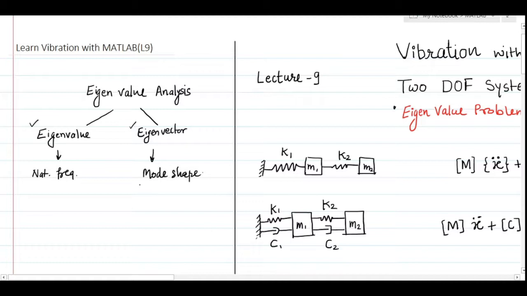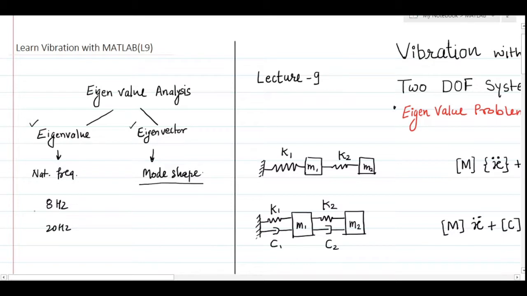What is this mode shape? Mode shape is nothing but the pattern of vibration corresponding to a given natural frequency. For example, we are talking about a 2 degree of freedom system, and let's say the natural frequencies of this 2 degree of freedom system are one 8 hertz, another one 20 hertz. I have taken this data randomly.